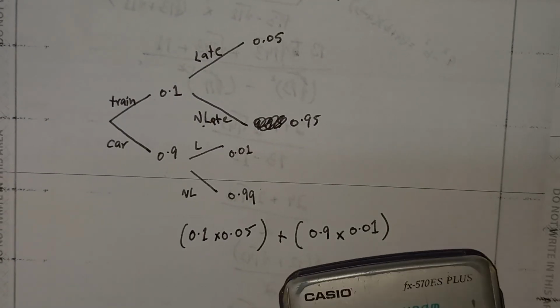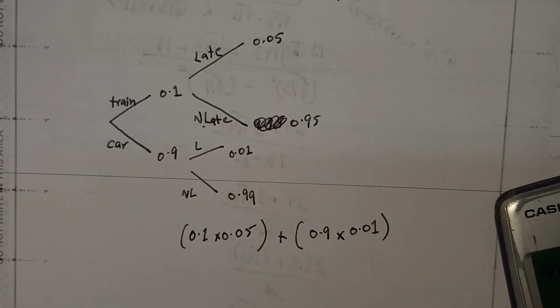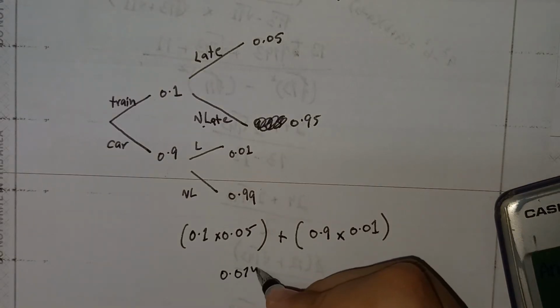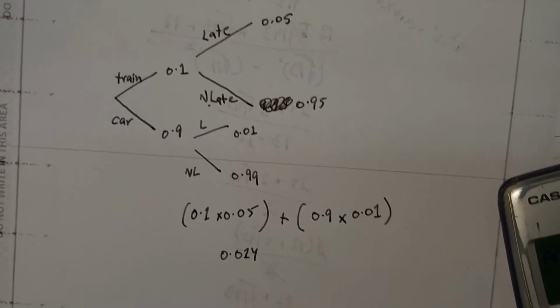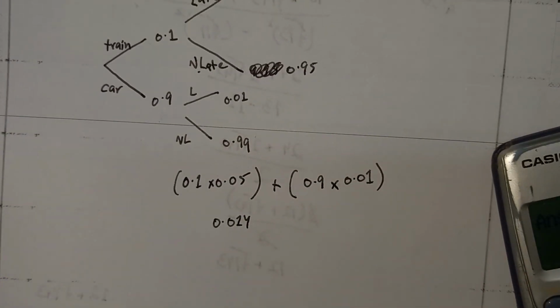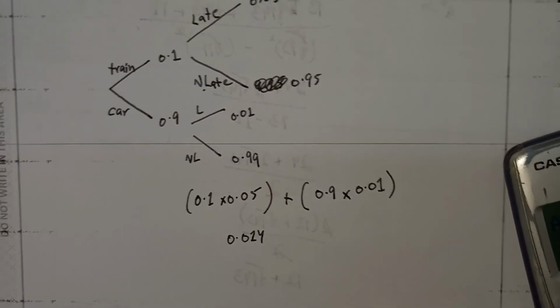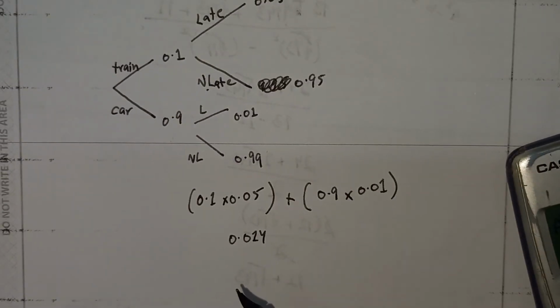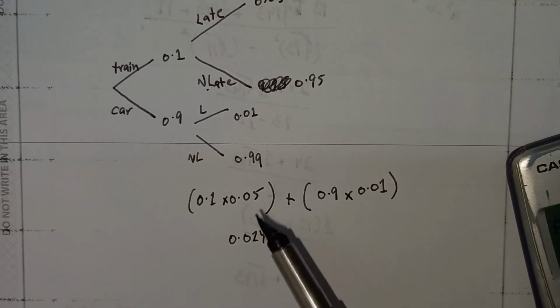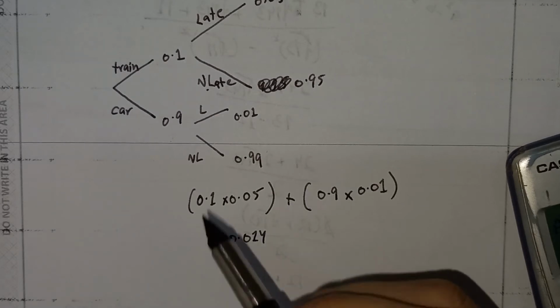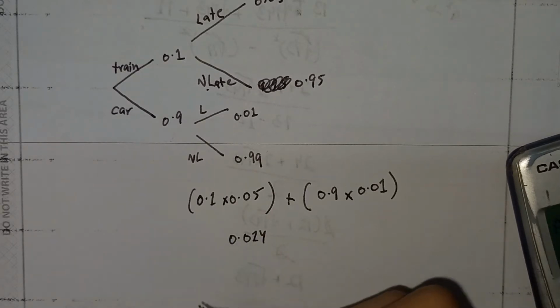So all you need to do is calculate this, which gives us about 7/500, which means 0.014 is the probability that she is late for work in either case. And now find the probability that Jill traveled to work by train. So now simply you will find the probability that she is by train and she is late.